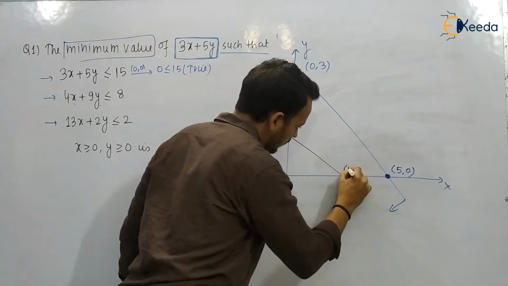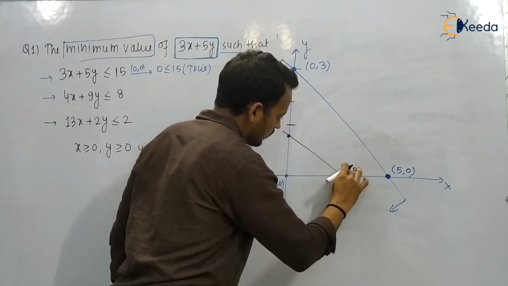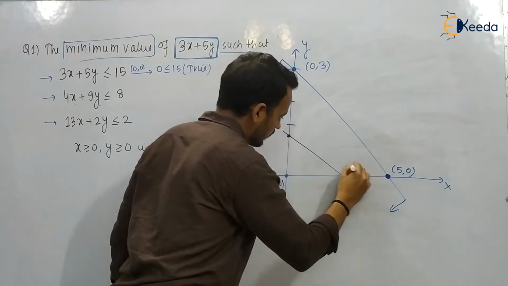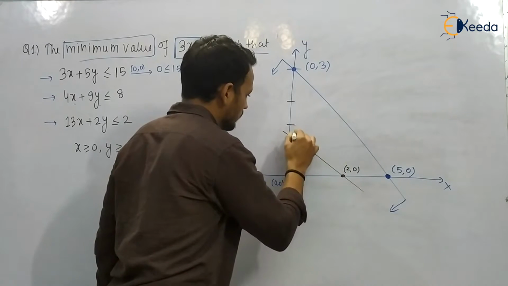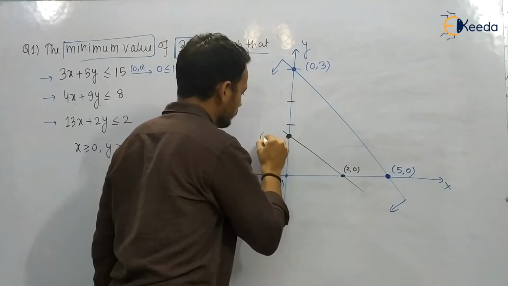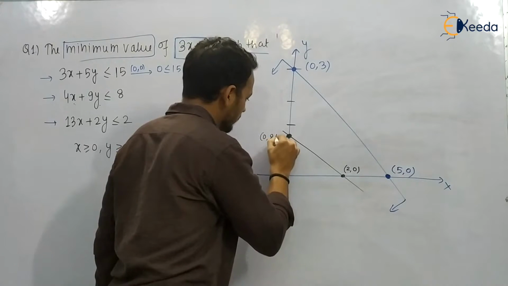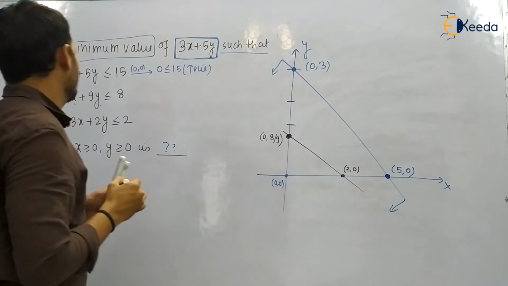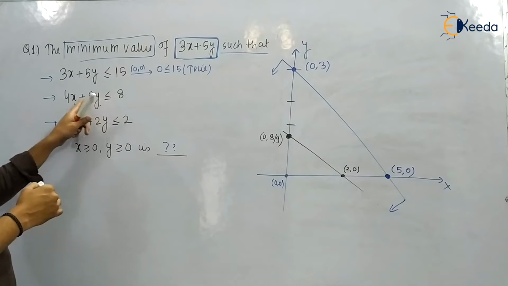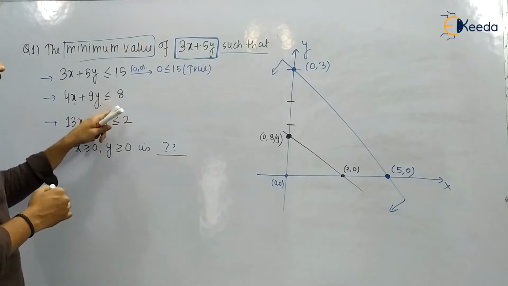This is 1 comma 0, this is 2 comma 0, and this is 0 comma 8 by 9.